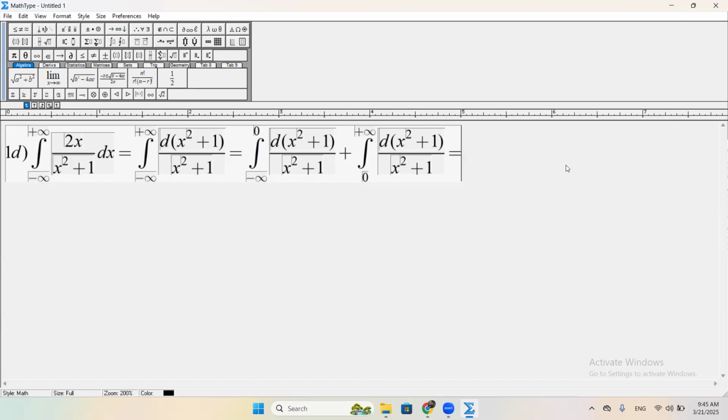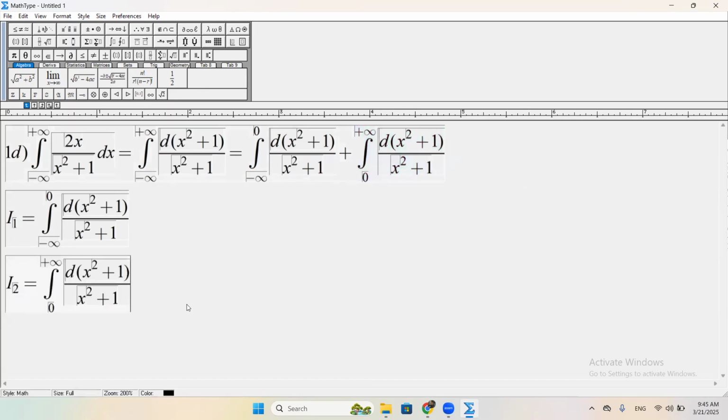Let me also write down the following: I1 equals this integral, I2 equals this integral, and let's calculate them separately.